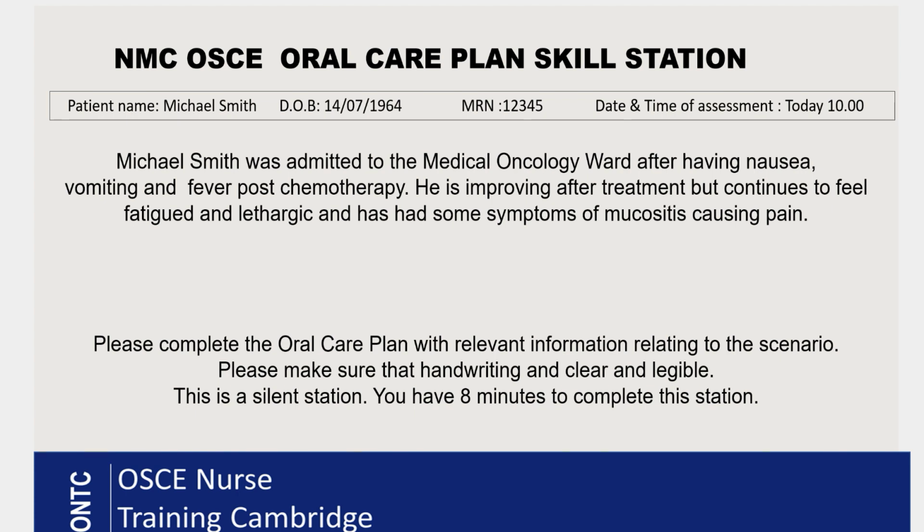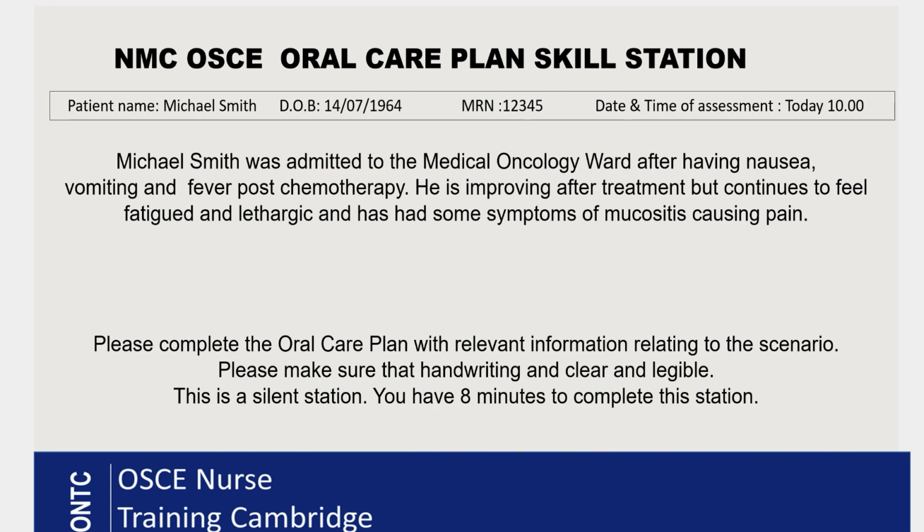He is improving after treatment but continues to feel fatigued and lethargic and has had some symptoms of mucositis causing pain. So that's the mucosa of his mouth is inflamed and is causing him some pain. Please complete the oral care plan with relevant information relating to the scenario.